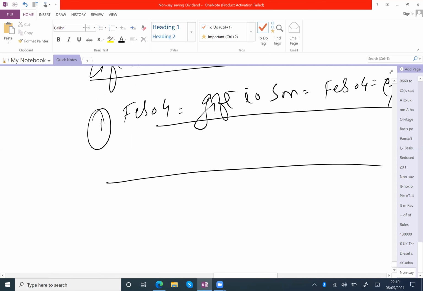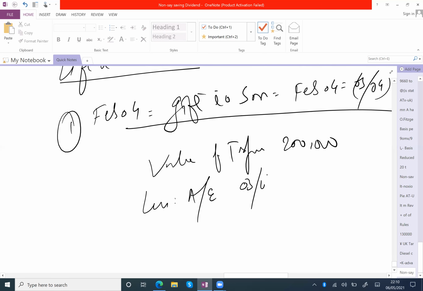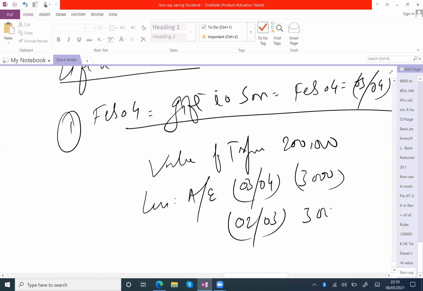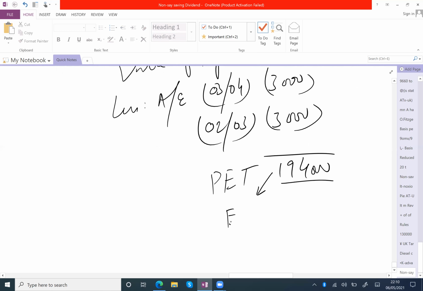What is the value of transfer? 200,000, less annual exemption of the current year 03/04, 3,000, and the previous year 02/03, 3,000 deducted. So the value of the PET is 194,000, and on a PET there is no lifetime tax; it is IHT exempt.